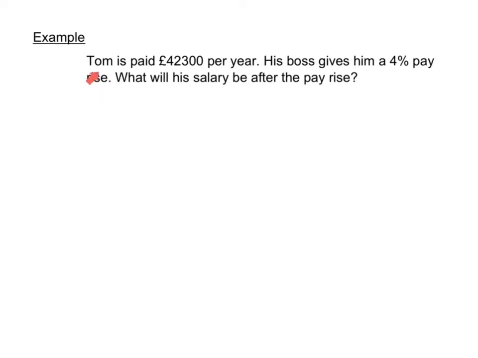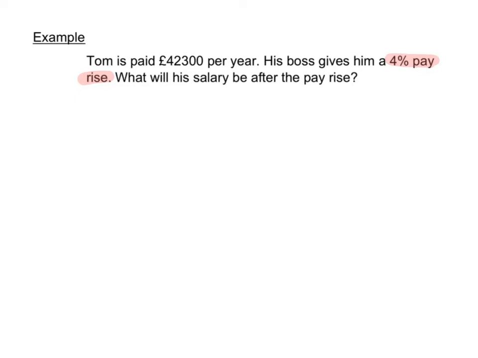So here we have Tom, who's paid £42,300 per year. His boss has given him a 4% pay rise, and the question's asking what will his salary be after the pay rise. First thing we need to work out is whether we're doing an increase or a decrease. A 4% pay rise is a percentage increase. We wish to increase his salary by 4%.